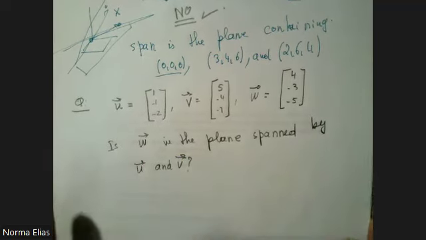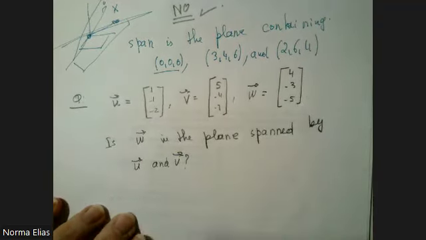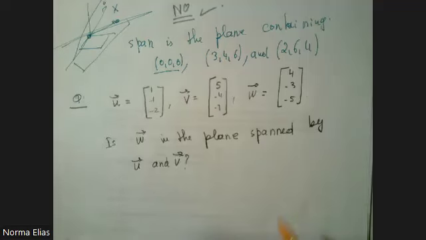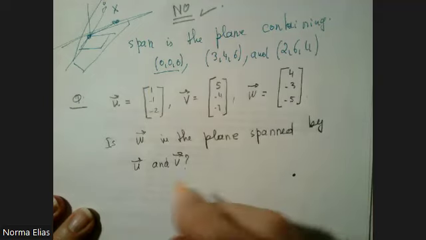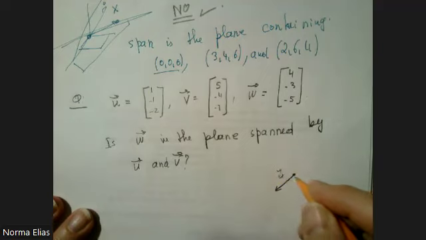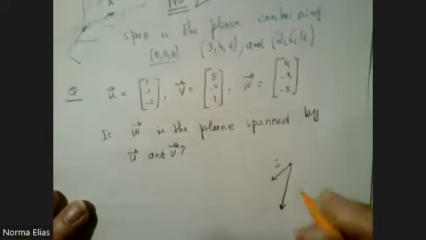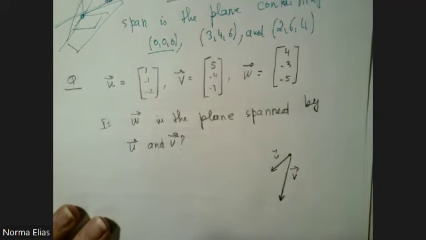So what does this question mean? Is W in the plane spanned by U and V? What do they mean by that? U and V, so the graphing, as I said, in R3 becomes a bit harder. So U should be somewhere in here, and V should be somewhere in here. And W, I have no idea where it is.